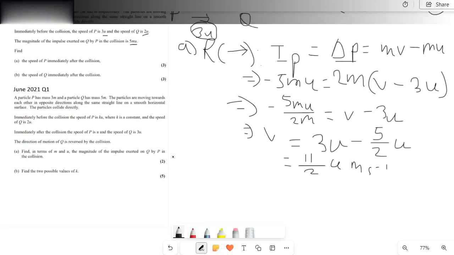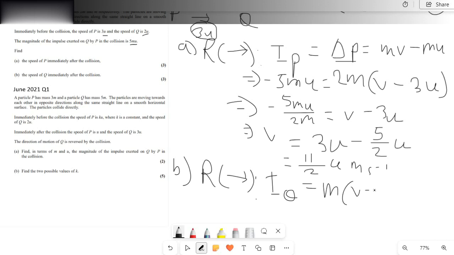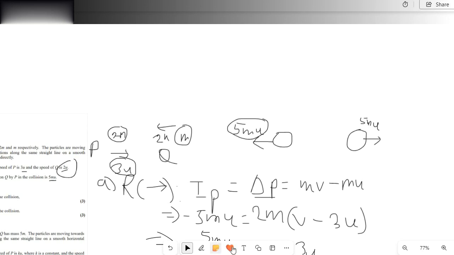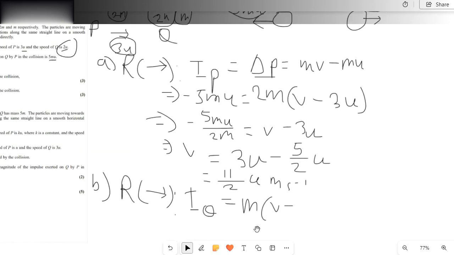Similarly, for part B, resolving to the right, IQ, or the impulse of Q, is equal to mv minus mu, where the initial velocity was 2u. And because, if we remember the diagram, 2u was to the left and we are resolving to the right, 2u must be negative.